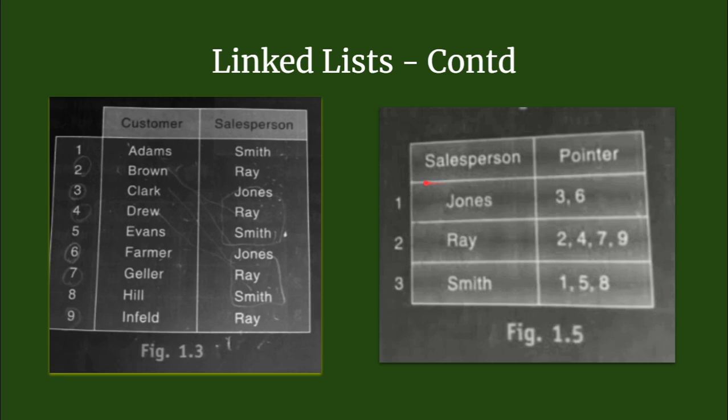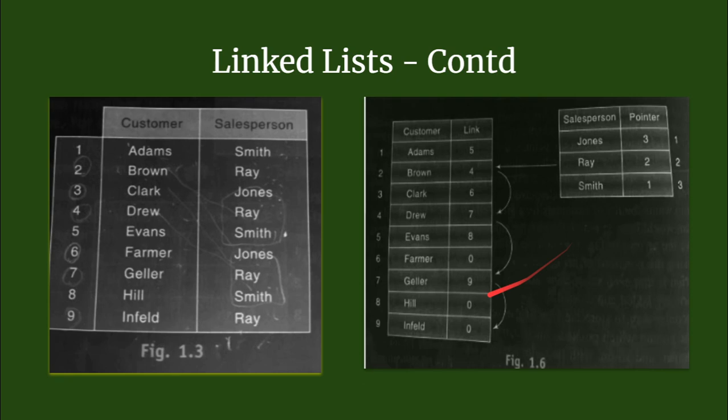Another method is where the same table is taken as an example. Jones, Ray and Smith are given the pointers 3, 2 and 1. From the pointer 2 it goes to 4, from 4 it goes to 7, from 7 it goes to 9, and 9 is given 0. Ray is assigned the value 2 and is connected to 4.